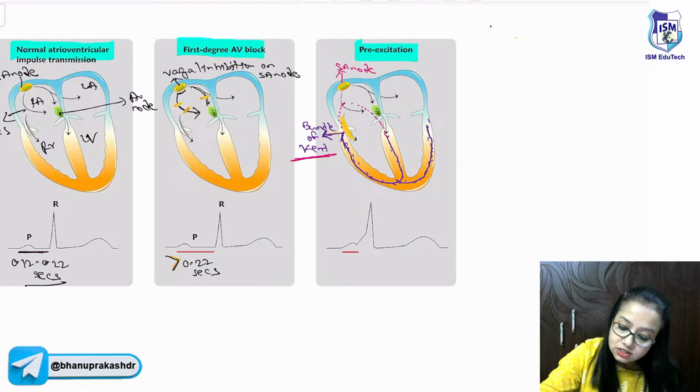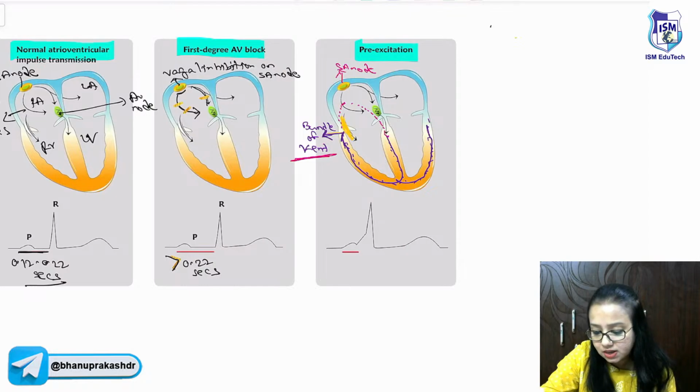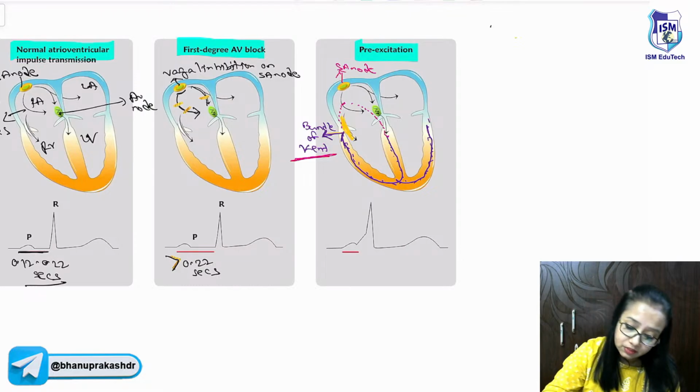When the SA node has generated the impulse, first it will follow the normal course. It will go via the interventricular septum, and then the wave of depolarization will complete its course and go all the way posterior basal laterally upward, right? After that, when it goes, say here on the right lateral side, there is the bundle of Kent.